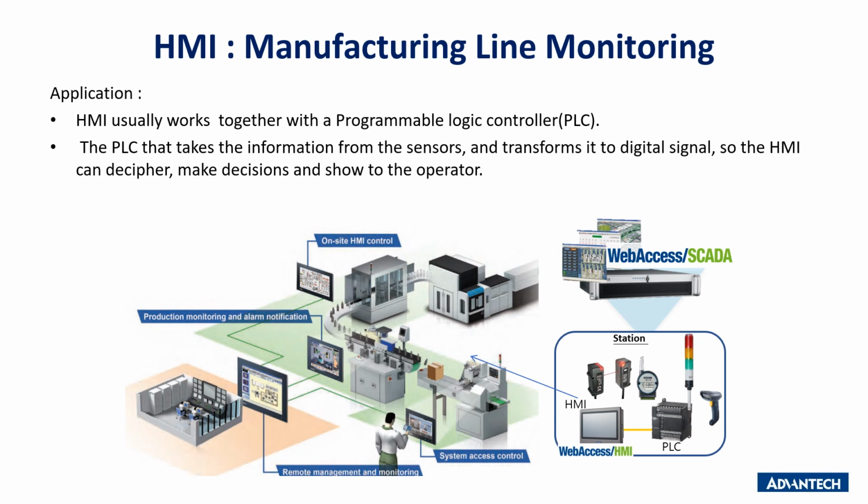The PLC takes all this information from the sensors and transforms it to digital signal, so the HMI can decipher, make decisions and show the results on the screen. The advantage of developing a smart factory is that operators can predict machine failures and gain higher operational intelligence. Finally, it is possible to connect multiple production lines and machines with each other.